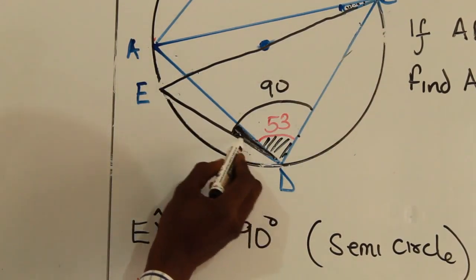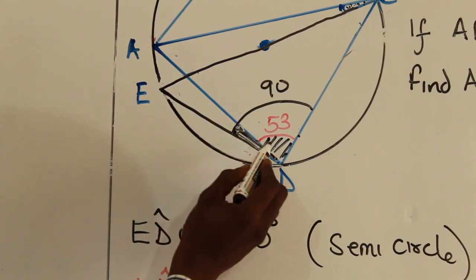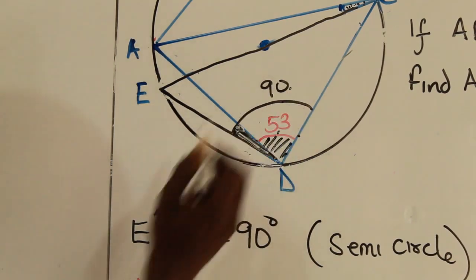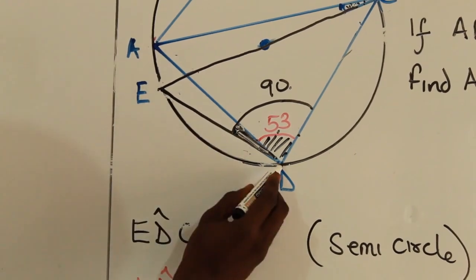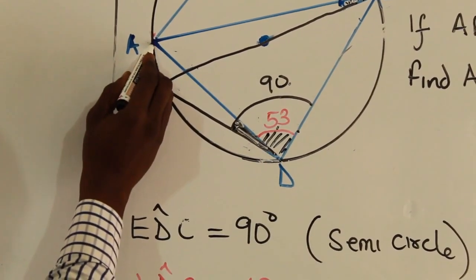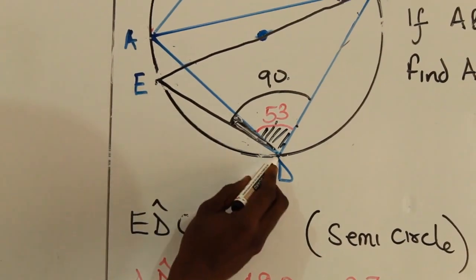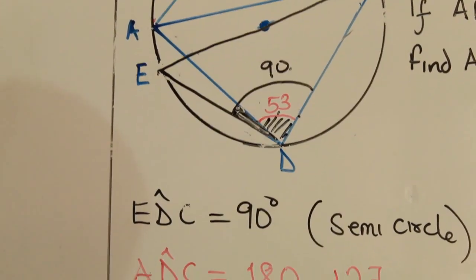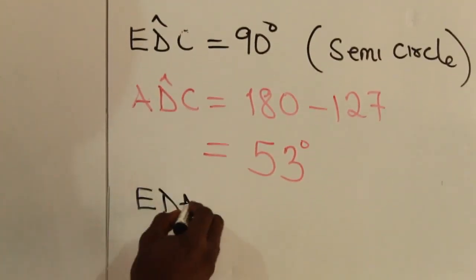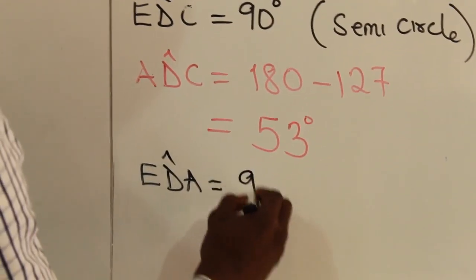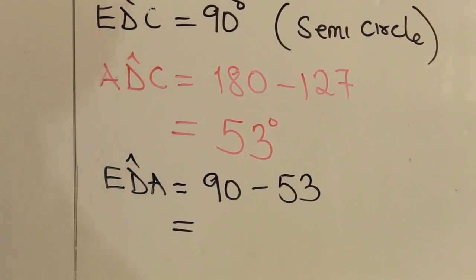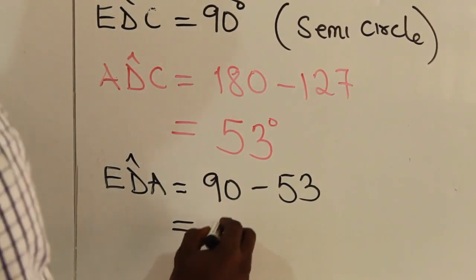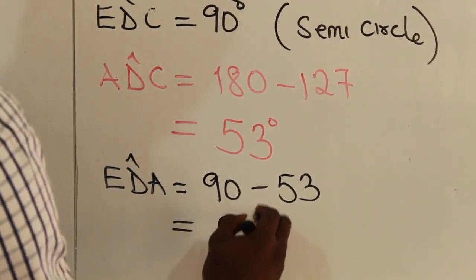So to get this part that I shaded, we subtract 53 from 90, and we name that part EDA. So EDA is equal to 90 minus 53, which is 27 degrees.